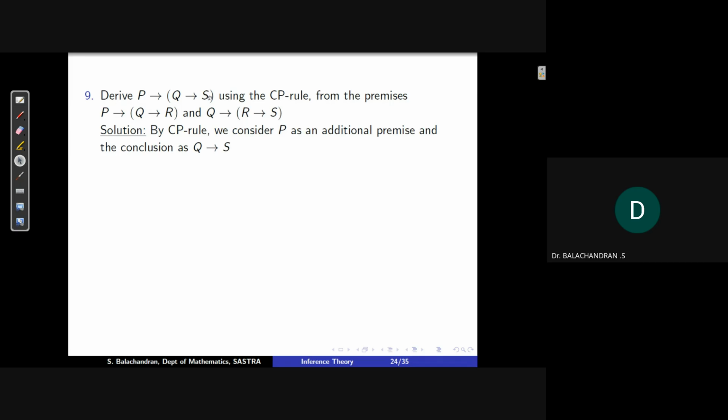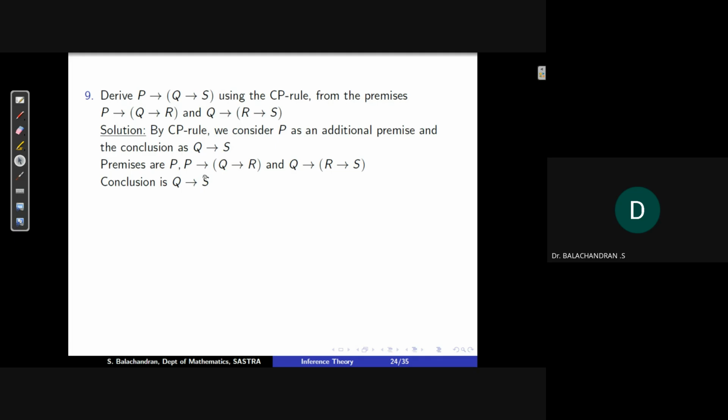The first premise is P, the additional premise; the second is P implies (Q implies R); and the third is Q implies (R implies S). What is the conclusion? The conclusion is Q implies S.